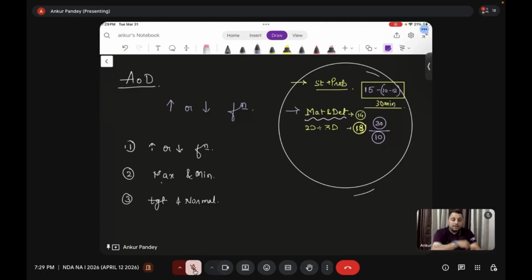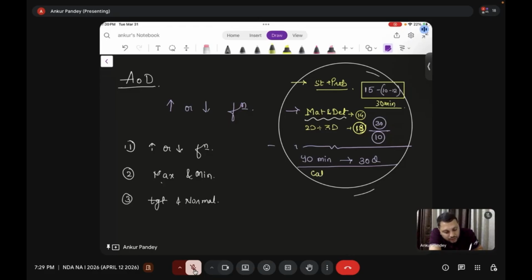Clear? Then you are left with 90 minutes, and you have to hunt 30 questions. Here your speed will go down because you have to select some questions. Okay? Sure. What you can prefer here is calculus.